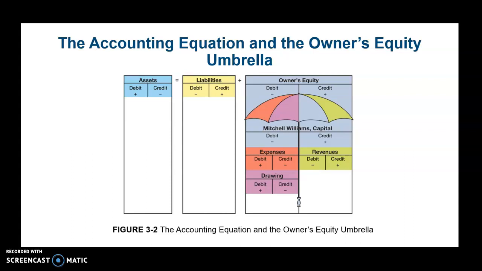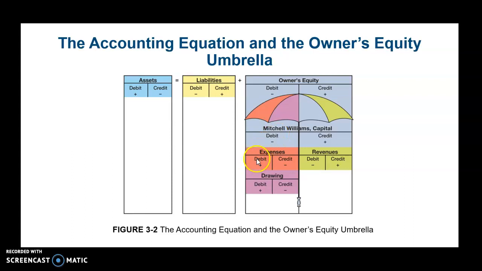Expenses and drawing actually take away from owner's equity or capital. If we have revenue and money coming in and we pay our expenses, then we're decreasing the amount of capital that we have. So our expense account is actually going to increase on the debit side and decrease on the credit side, because expenses decrease capital.